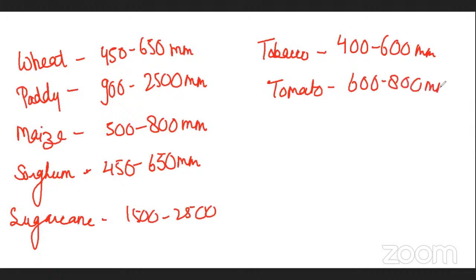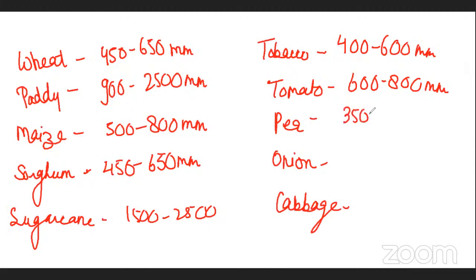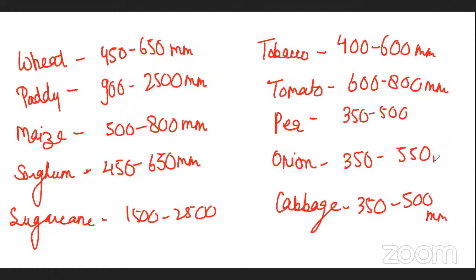These crops are very important because they are usually asked in the exams also, so learn by heart the water requirement of these crops. Then pea we are having 350 to 500 millimeter, and onion is 350 to 550 millimeter. The cabbage is 350 to 500 millimeter.